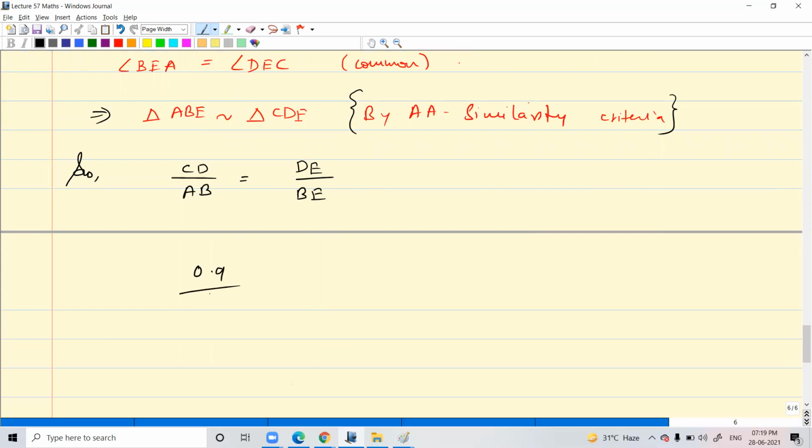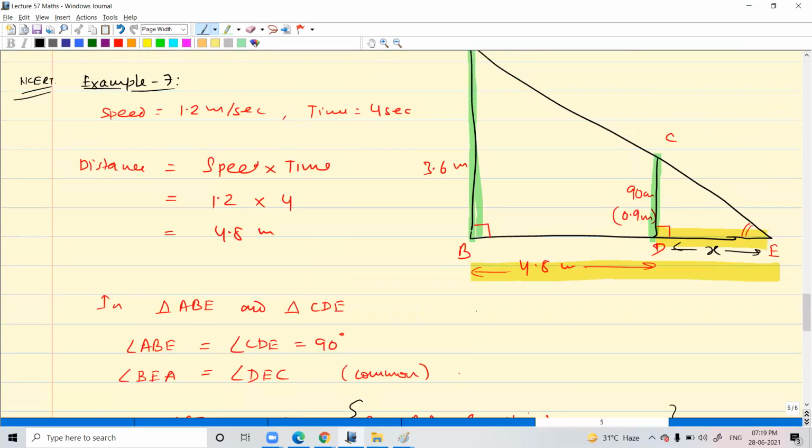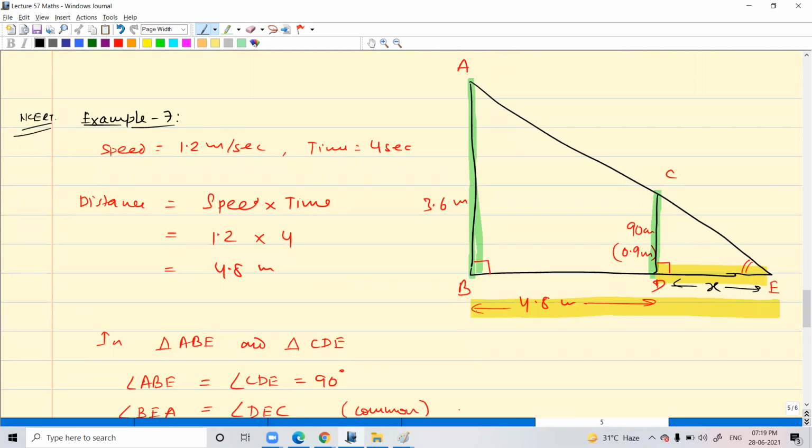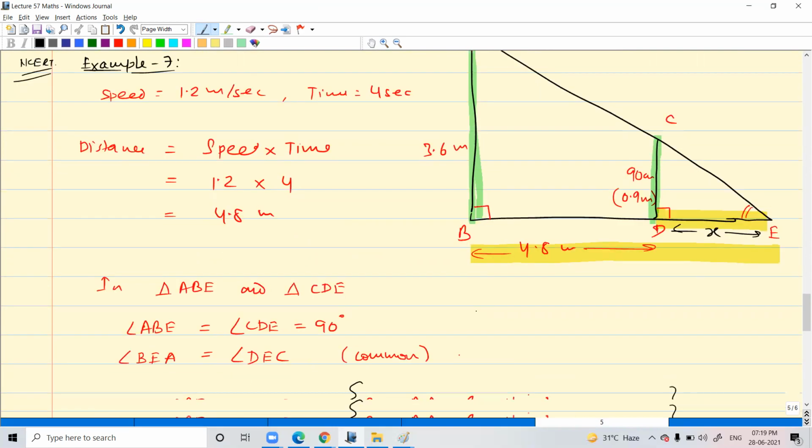So CD is 0.9, this is 3.6. DE, I'm calling it as X, and BE will be 4.8 plus X. Confirm? Yes, sir. Anushri, this was your question. Confirm? Yes, sir. Okay.